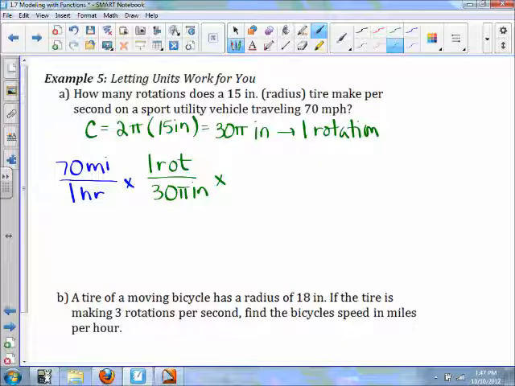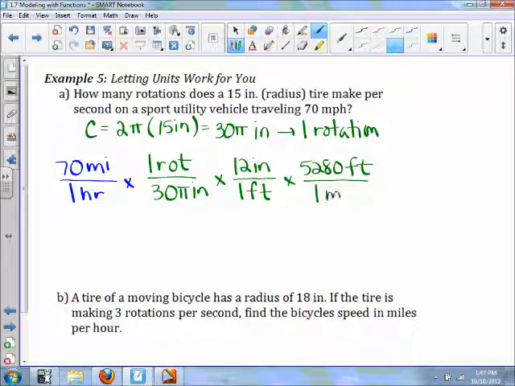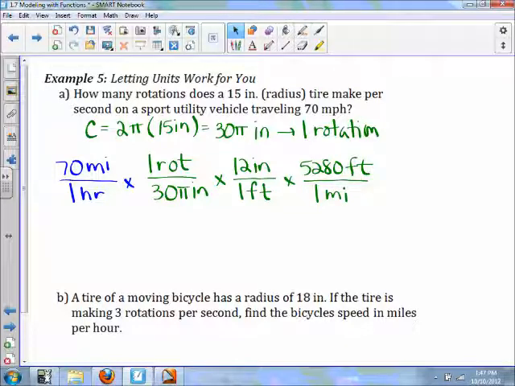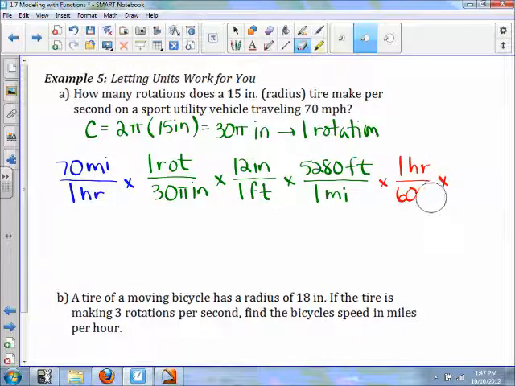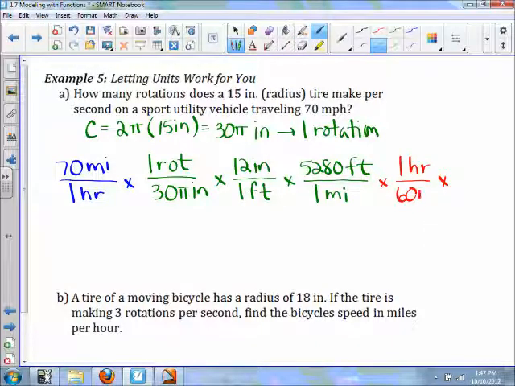Let's change. 12 inches is 1 foot, and 5,280 feet is 1 mile. We've got to change hours to seconds. Well, there are 60 minutes in 1 hour. It's not a mile there, it should be minutes.